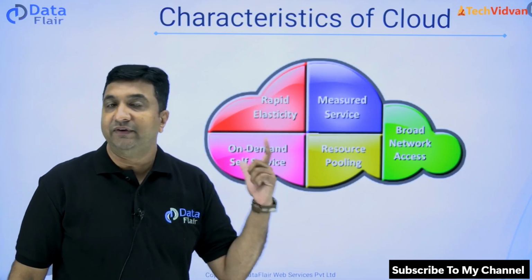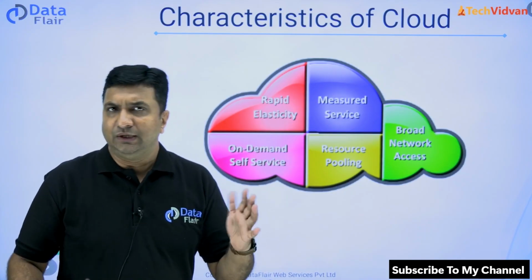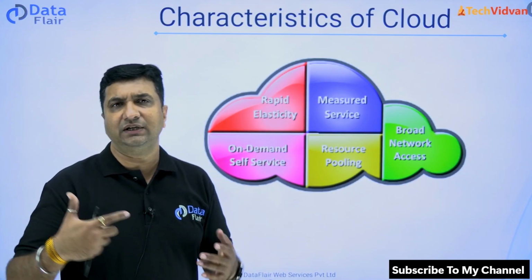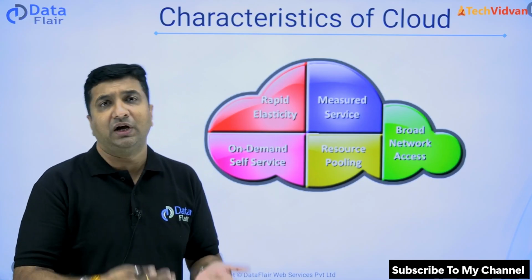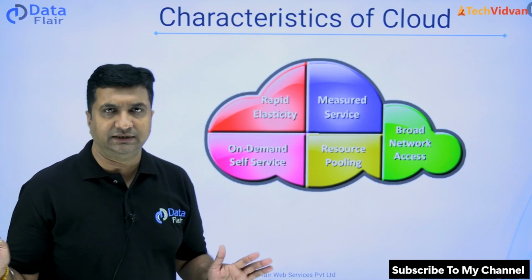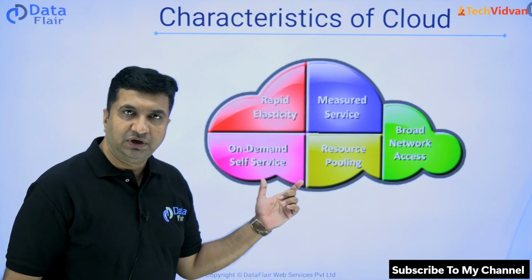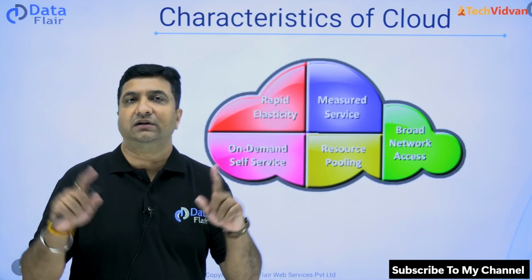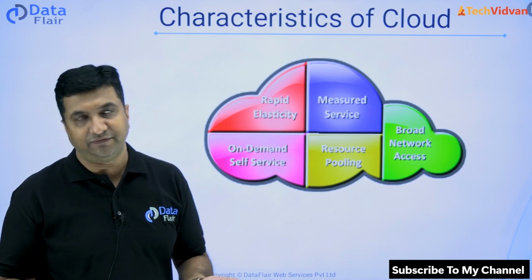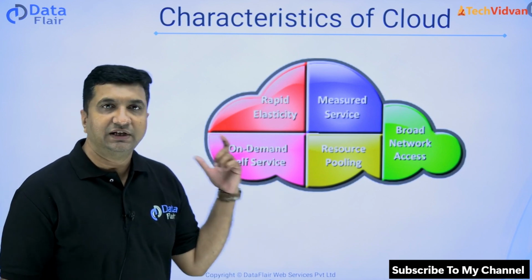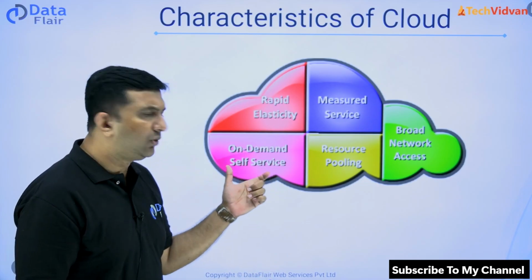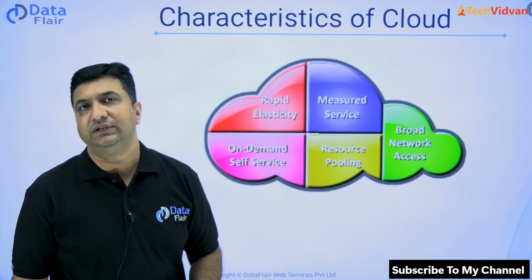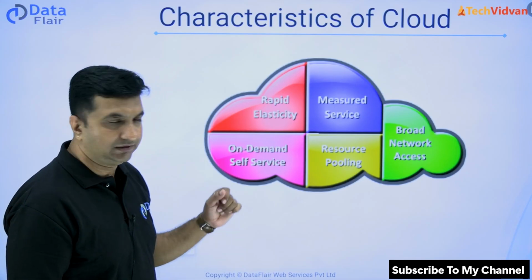Self-service means whenever you're using cloud computing, you don't have to request for something, you don't have to wait for that resource to be allocated to you, nothing like this. It's self-service. With some clicks in a user-friendly interface, you can get those resources and you can release them whenever you do not need them. I will show you all these things in the hands-on part.